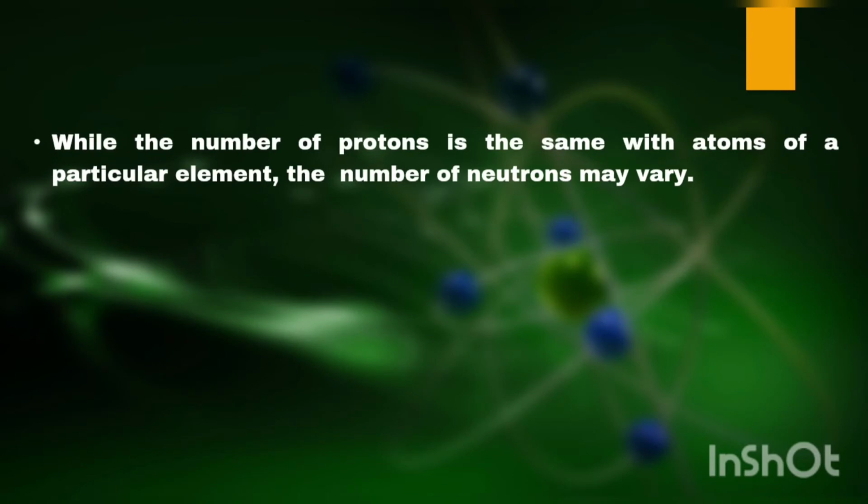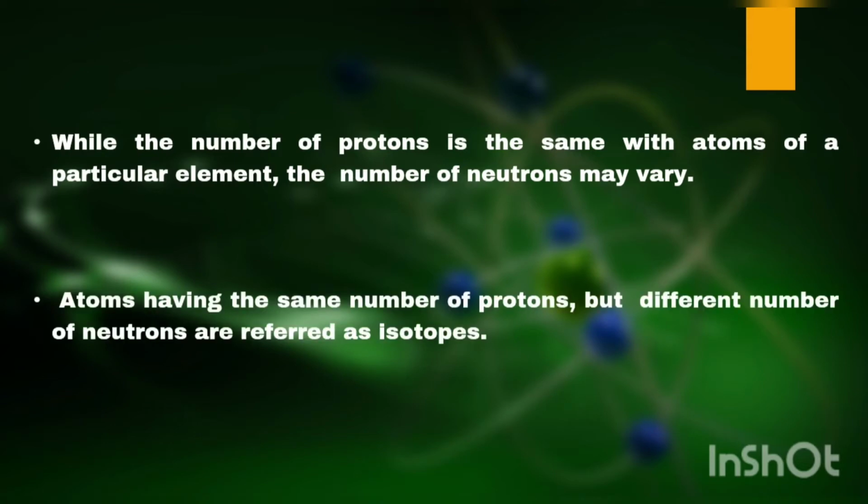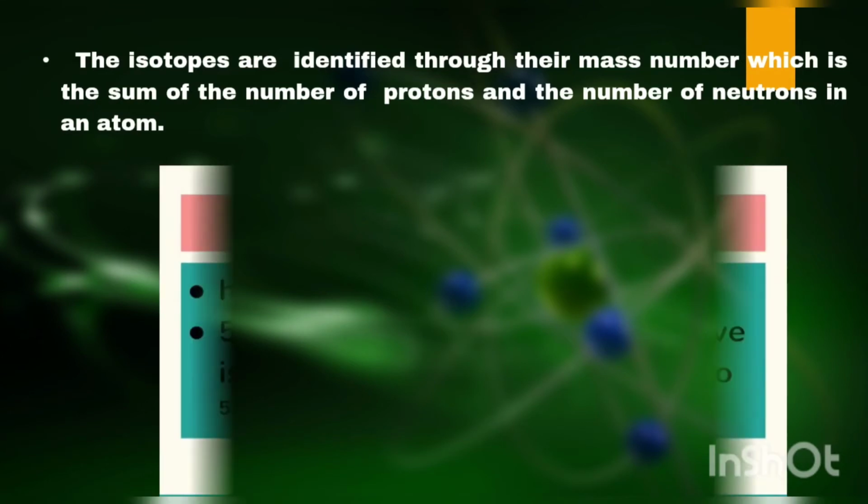Let's move on. While the number of protons is the same for atoms of a particular element, the number of neutrons may vary. Atoms having the same number of protons but different numbers of neutrons are referred to as isotopes. The isotopes are identified through their mass number, which is the sum of the number of protons and the number of neutrons in an atom.